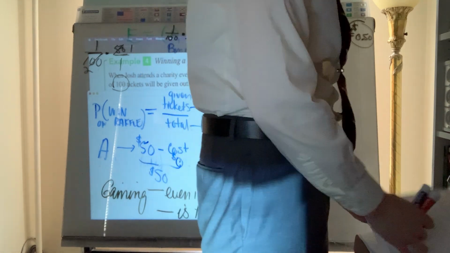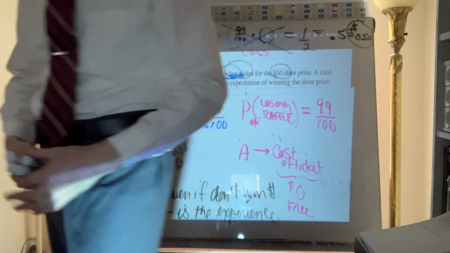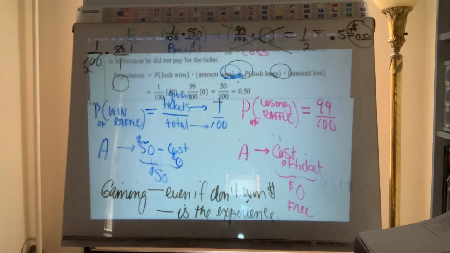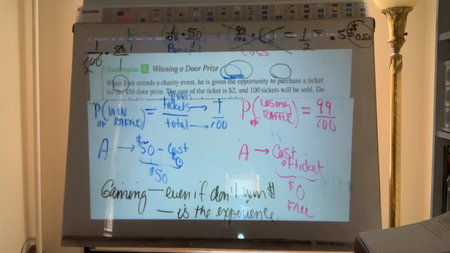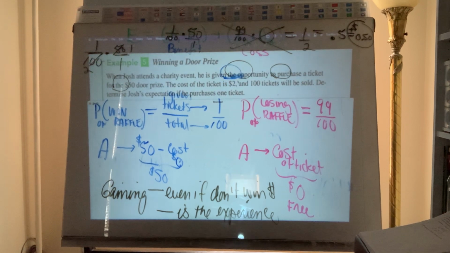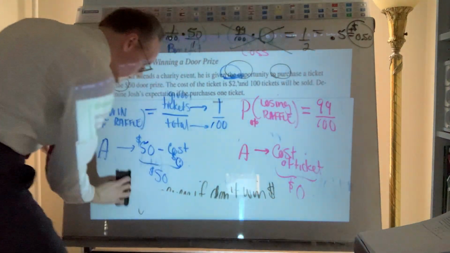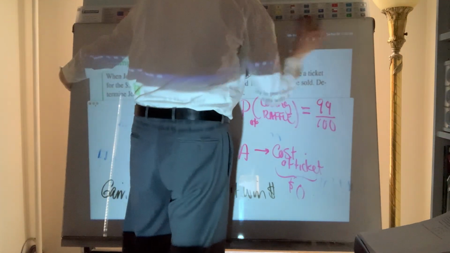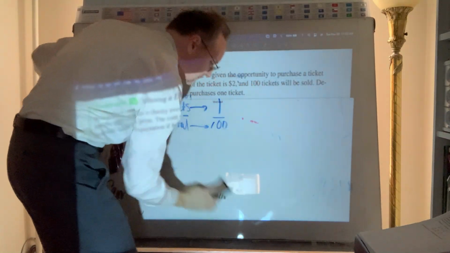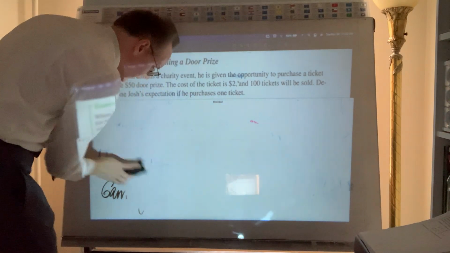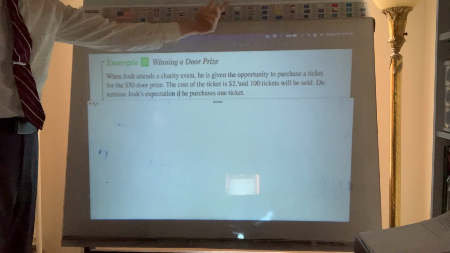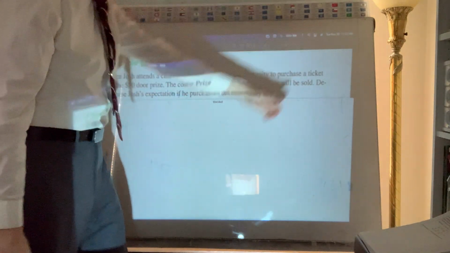Now, if you look at 4, the conditions change ever so slightly, which makes it interesting. Okay. Let me clear up the gobbledygook. When Josh attends a charity event, he is given the opportunity to purchase a ticket, right?